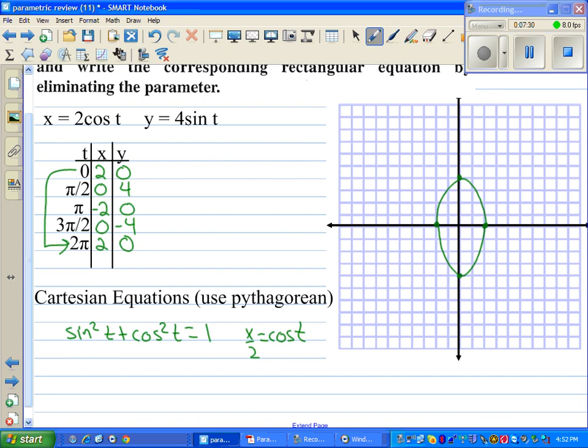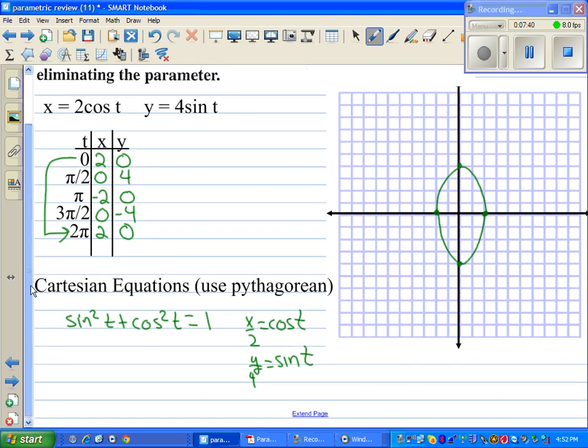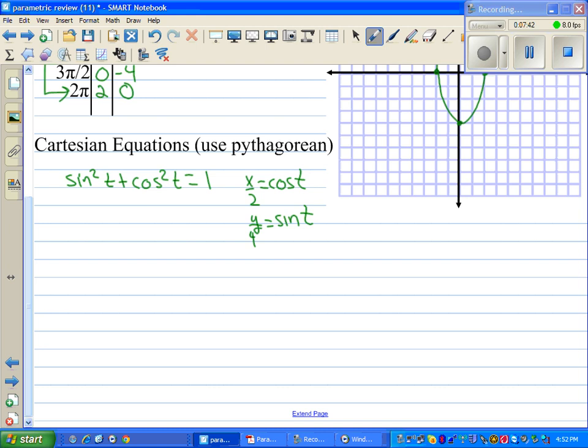And as far as the y equation, we have y over 4 equals sine of t. Now if we replace sine with y over 4 and cosine with x over 2, you get y over 4 squared plus x over 2 squared equals 1. And finally we get y squared over 16 plus x squared over 4 equals 1. And if you remember your conic sections, that's exactly the equation for an ellipse.